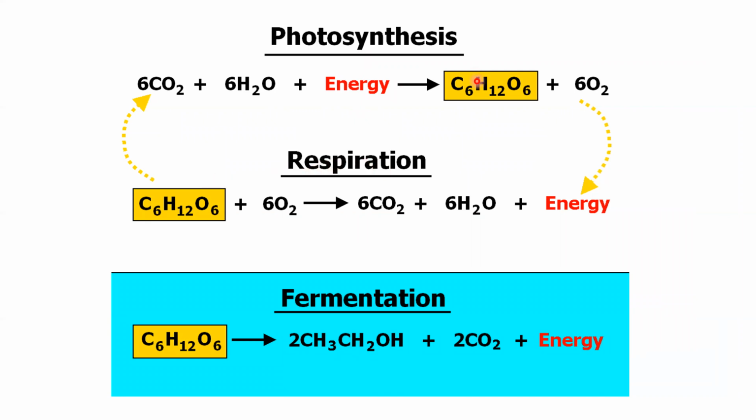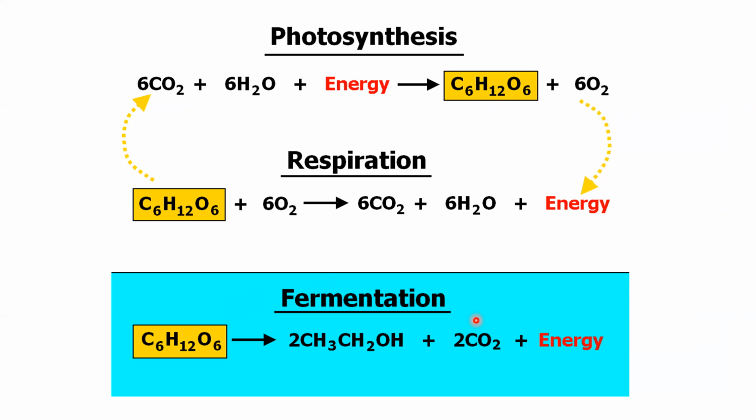Through respiration, glucose that was produced through photosynthesis now is oxidized. So oxygen is used to break those chemical bonds, and carbon dioxide and water are products, and energy in the form of ATP is synthesized as well, right? So you can see how we convert one form of energy into another form of energy.